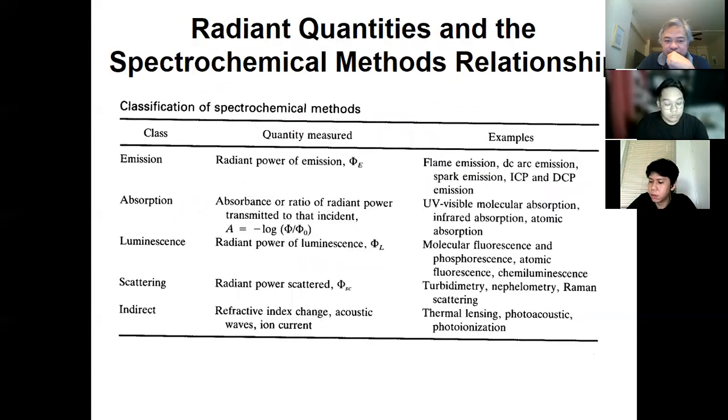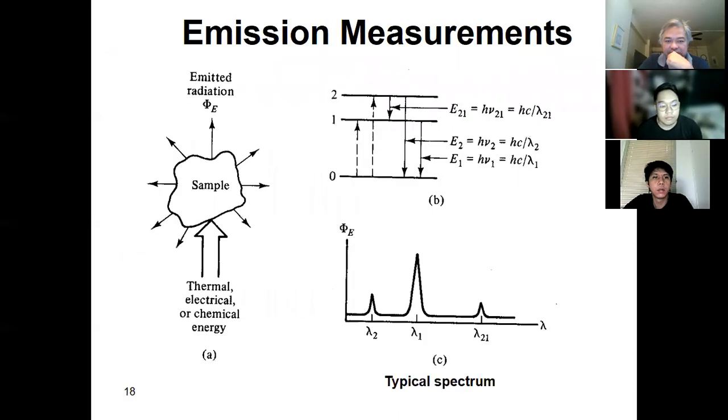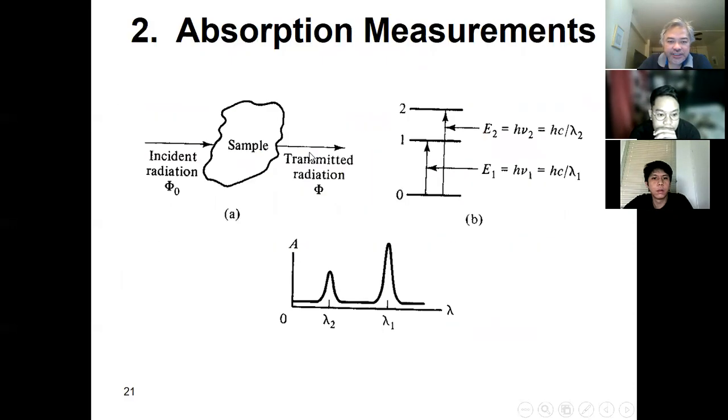So we started with the classification of spectrochemical methods: emission, absorption, luminescence, scattering, and the indirect method. All of them, as we could see, just involve the radiometric methods, and we discussed what is happening in each of these methods.